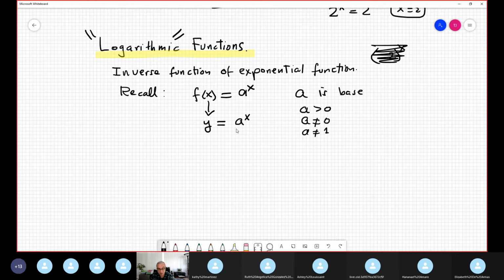This is also exponential. Now you interchange x and y. This is the most important idea for finding the equation for any inverse function. So x is equal to a to the y power. Wow. And this is logarithmic. Well, almost. This is the inverse, yes, but this is implicit.